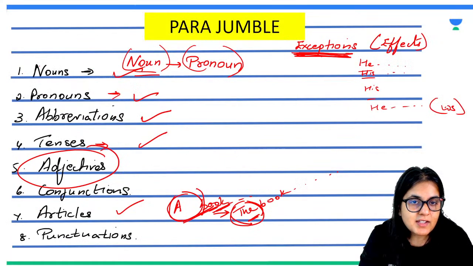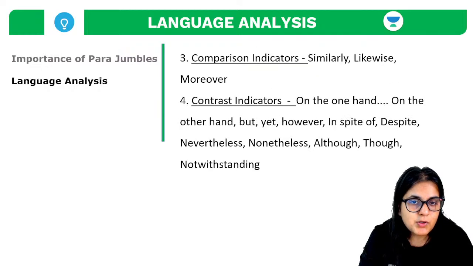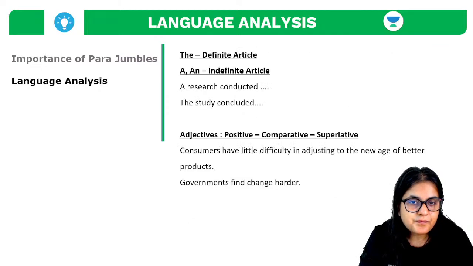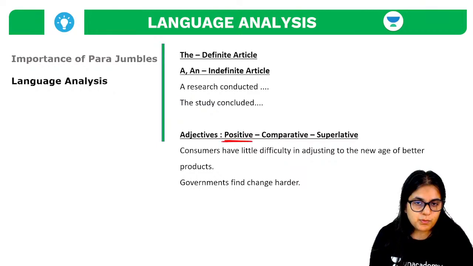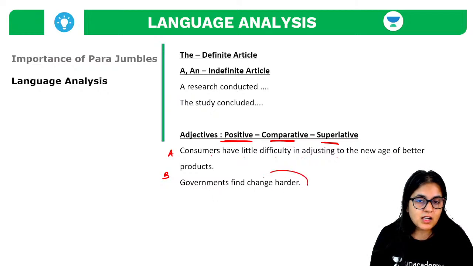Okay, so guys, adjectives. Let's understand the point about adjectives. First we put the positive degree, then the comparative degree, and then the superlative degree. If there are two statements, one says consumers have little difficulty in adjusting to the new age of better products, and another says governments find change harder. Harder is a comparative degree of adjective.